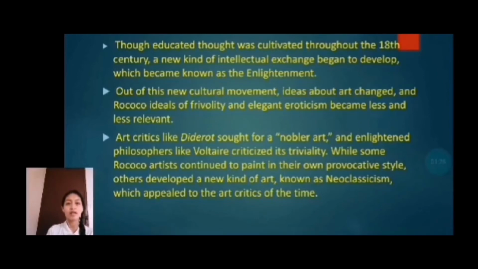Others developed a new kind of art known as neoclassicism, which appealed to the art critics of the time.